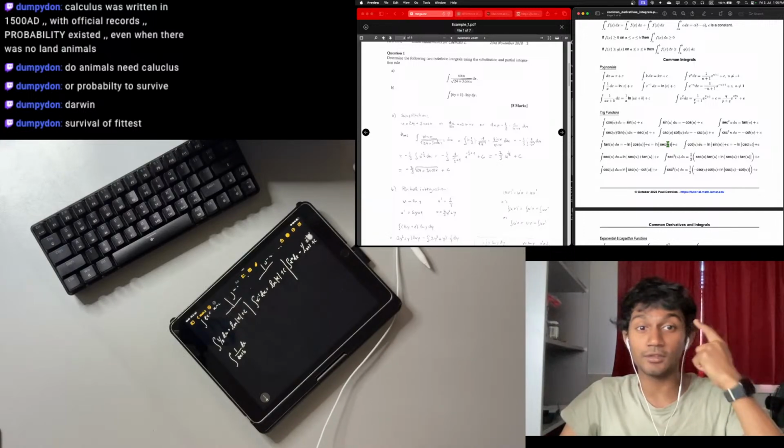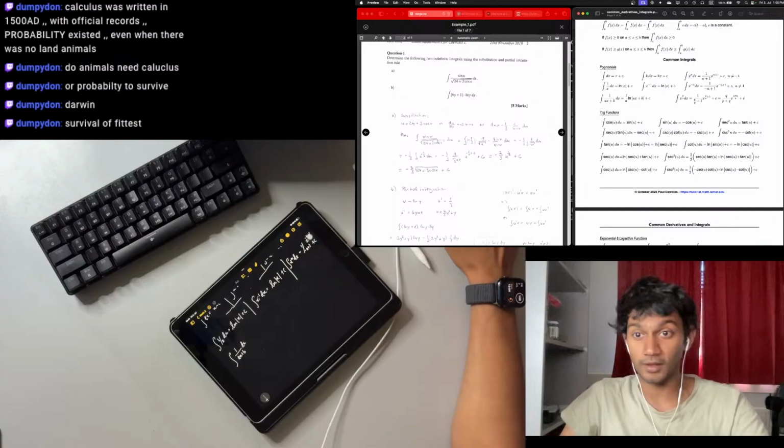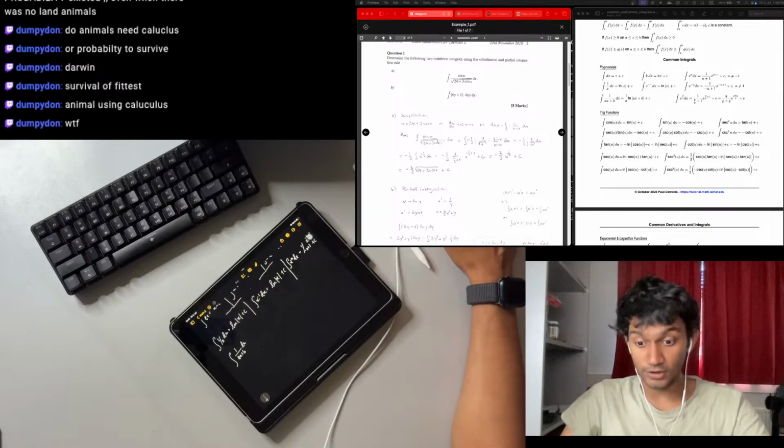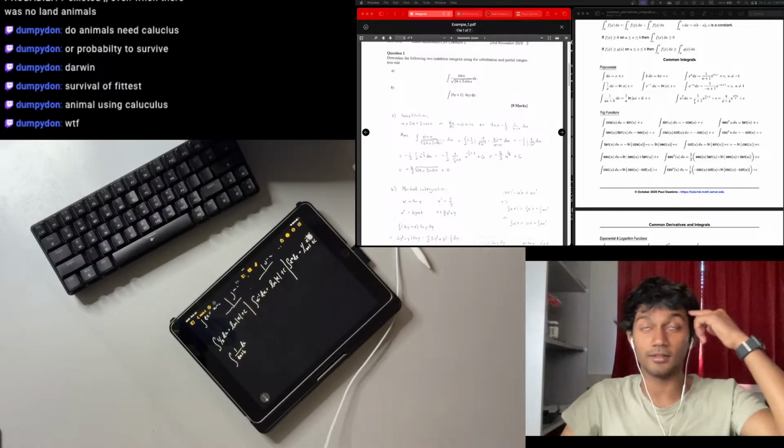So they are indirectly using it. A cat, before it jumps, looks at the place. It predicts. Animals use calculus to predict stuff in their brain.